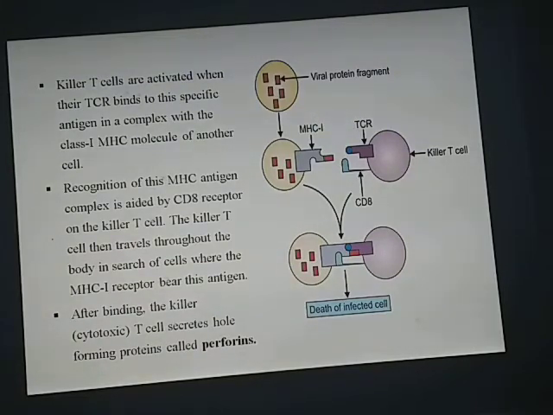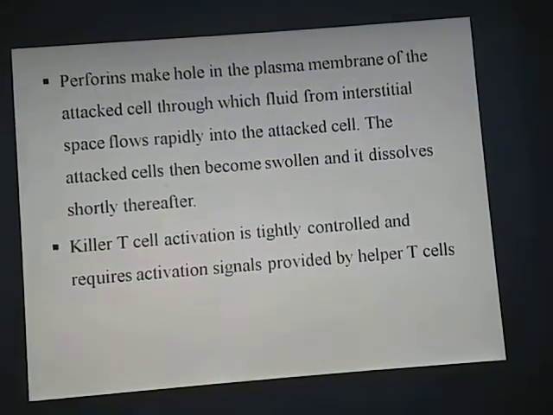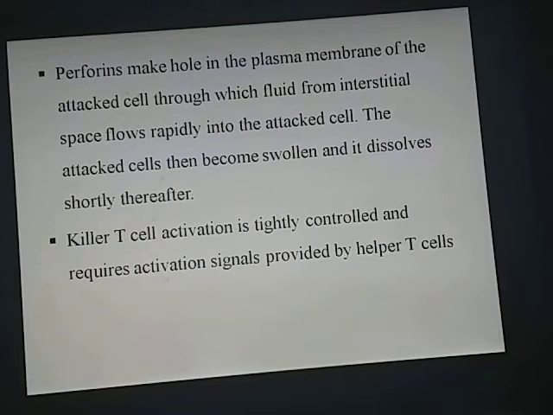The perforins make holes in the plasma membrane of the attacked cell, through which the fluid from the interstitial space flows rapidly into the attacked cell. The attacked cell then becomes swollen and it dissolves shortly thereafter. Killer T cell activation is tightly controlled and requires activation signals provided by helper T cells.